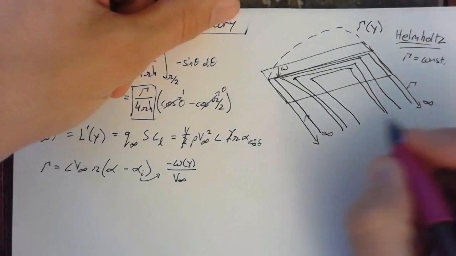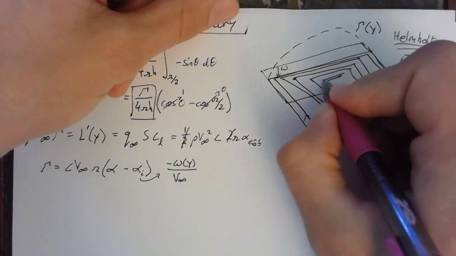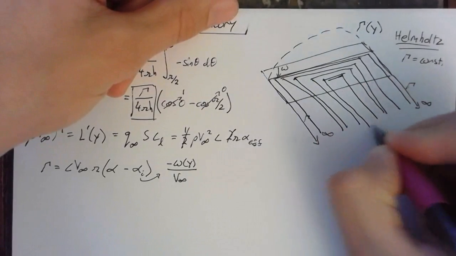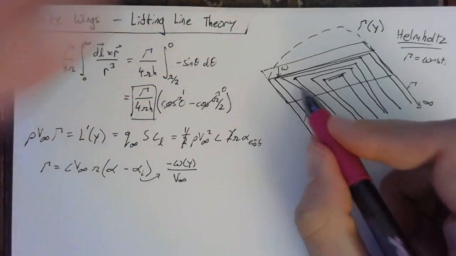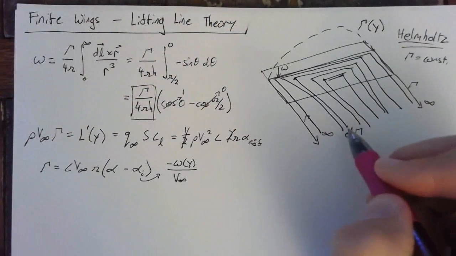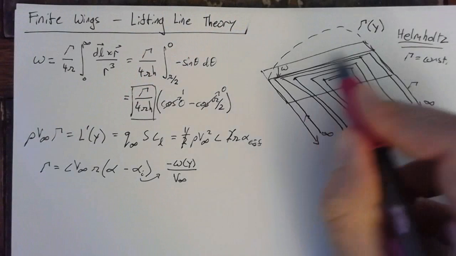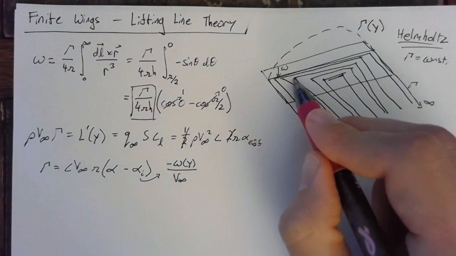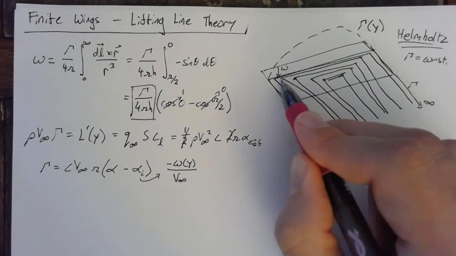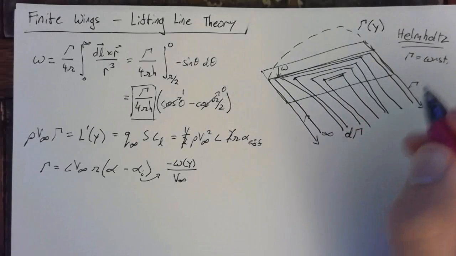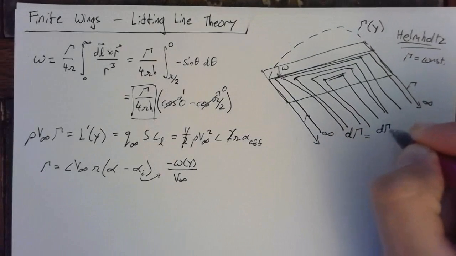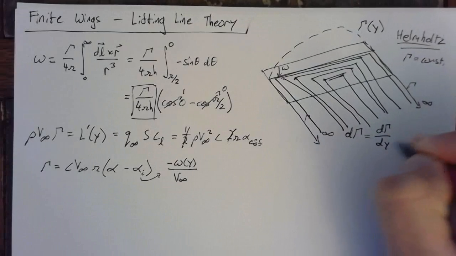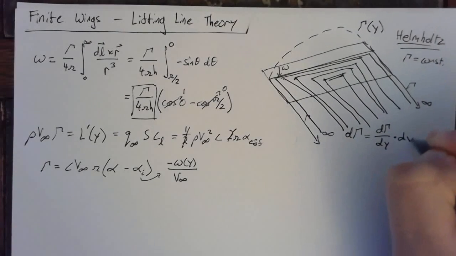And what are those strengths going to be? Well, we're going to call them d gamma. So each of these trailing edge vortices is going to be a d gamma, and it simply specifies how the vortex distribution will change as a function of y. So we can write this as d gamma by dy times dy.